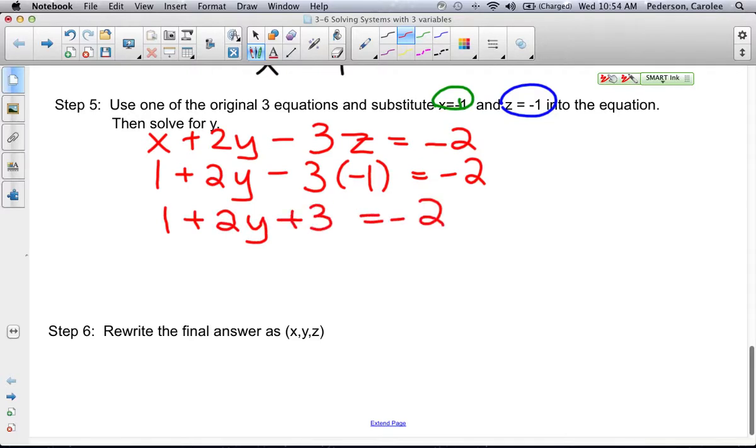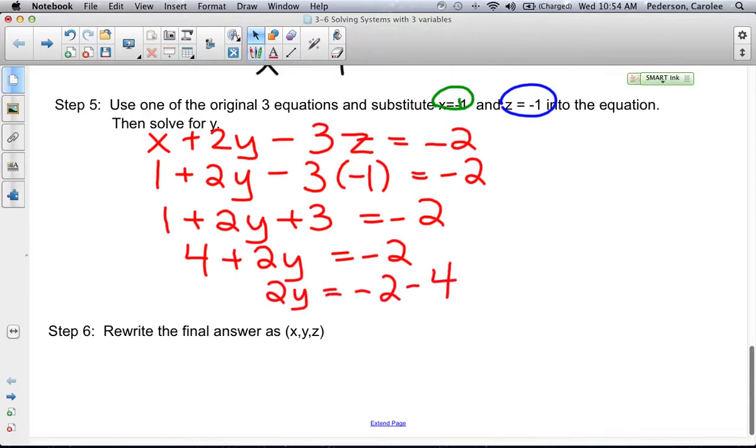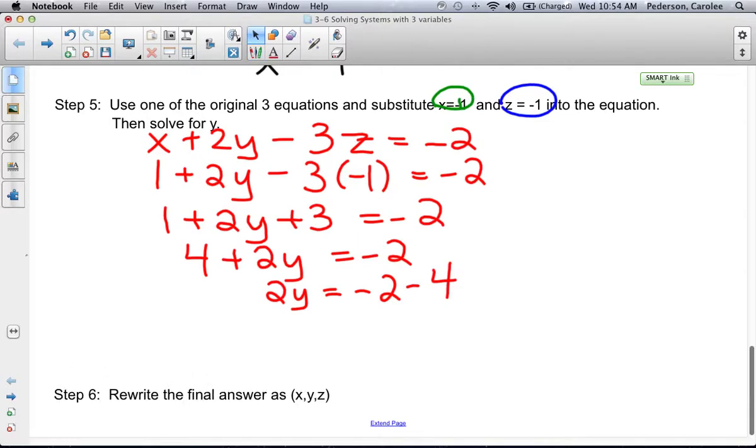We can combine like terms on the left. 1 plus 3 is 4. Then we will subtract 4 from both sides, so that the 4 is now gone on the left.